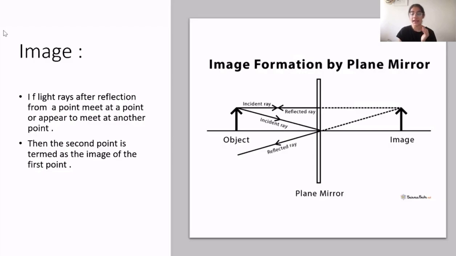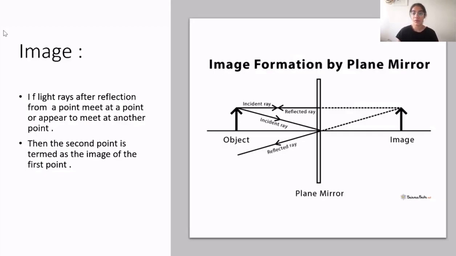Now, we extend them in the virtual direction, just opposite on the other side of the plane mirror, and they appear to meet at a point. The point at which they appear to meet is the point where the image of this object, from which the rays of light went and were incident on the plane mirror, will be formed. So this particular point will act as the image of this object that is on your left hand side.